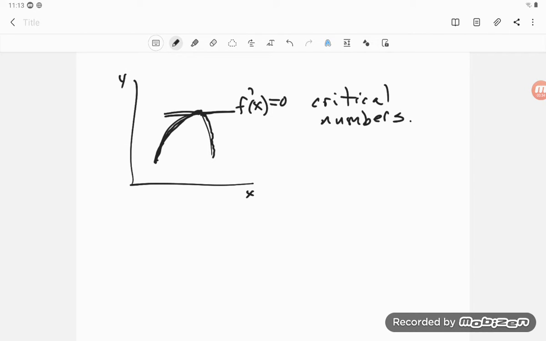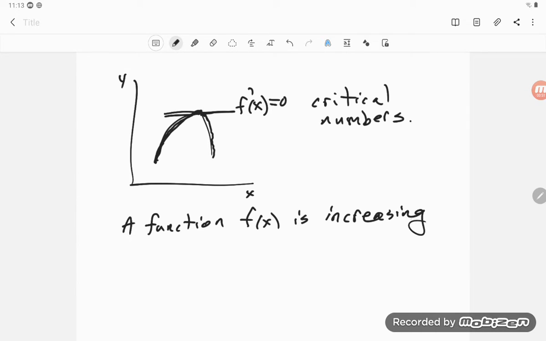A function f of x is increasing on an interval, say (a, b). Notice it's an open interval, I have parentheses, not square brackets.